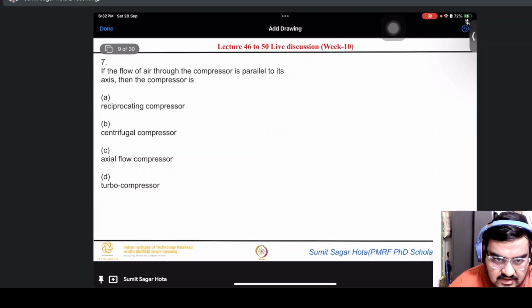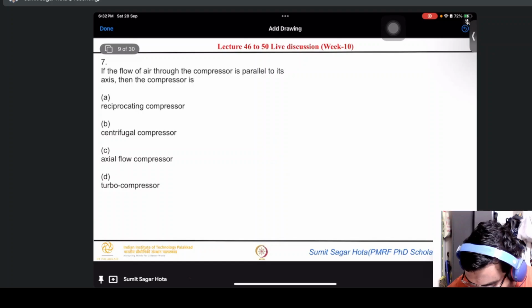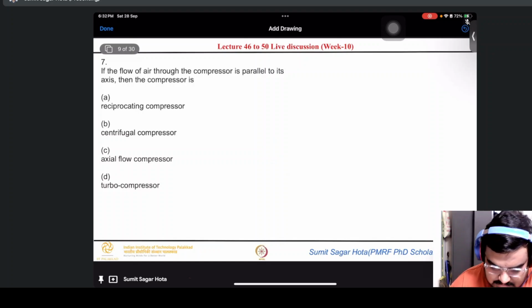If the flow of air through the compressor is parallel to its axis, then it is called an axial flow compressor.